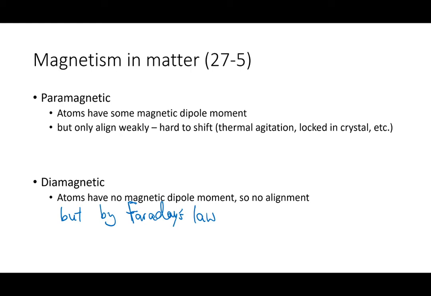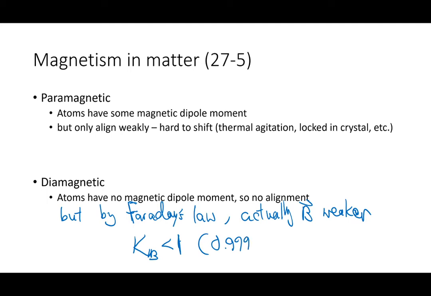It actually makes it a little weaker. And Faraday's law I think we'll cover next week, so you don't have to wait long. So therefore, kappa magnetic field is less than 1, but again, the effect is really not strong, so we're talking about 0.99991 or something like that.